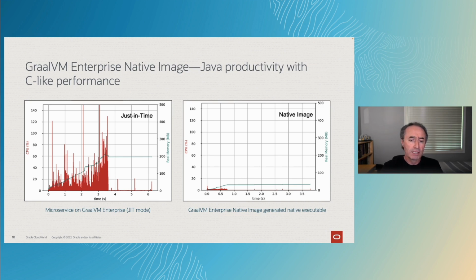On the left, you've got the just-in-time compiler on the JVM, in typical JIT mode. And all that red is CPU. So when you boot an application on the JVM, you give it an entry point, and the JVM starts loading your classes, loading bytecodes. Those bytecodes have to be parsed. Some internal structures are built.